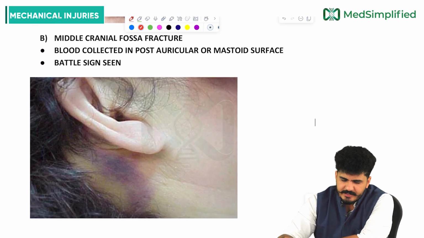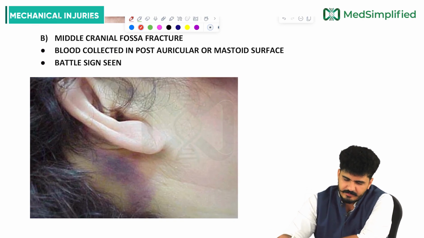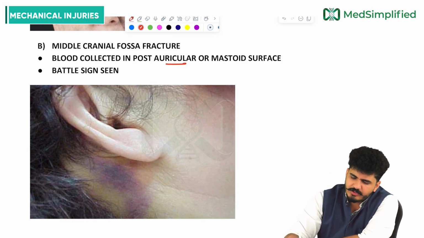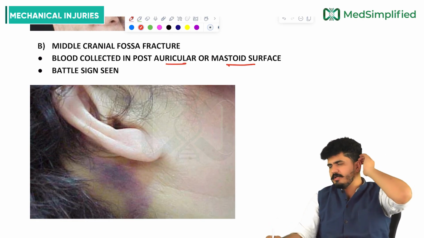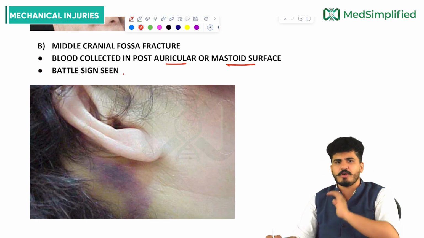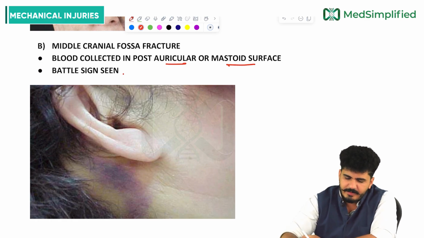Now second thing is middle cranial fossa fracture. In middle cranial fossa fracture, your blood is collected in the post-auricular or the mastoid surface, my dear friends, and here you will see the Battle sign.